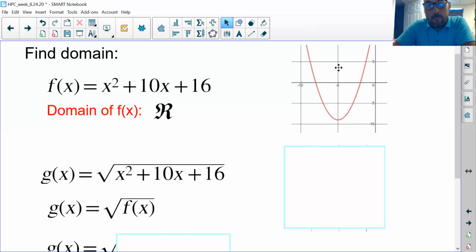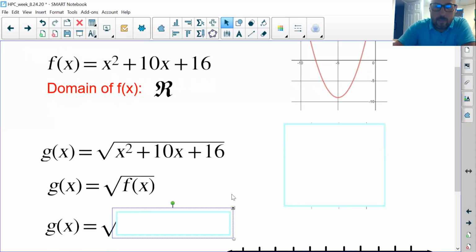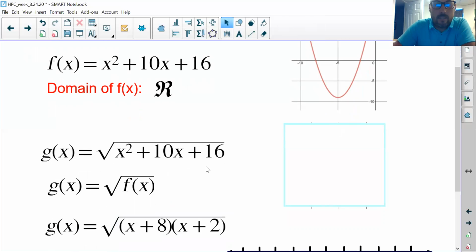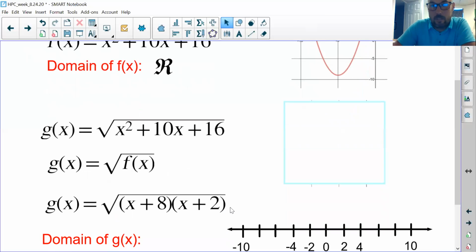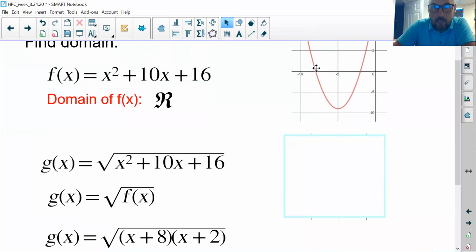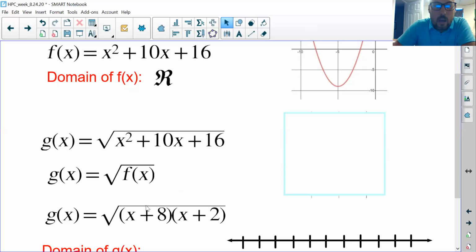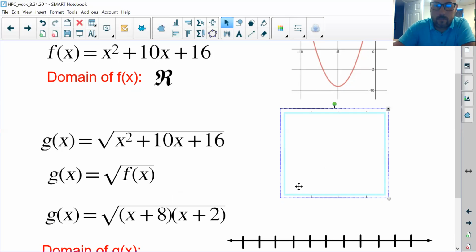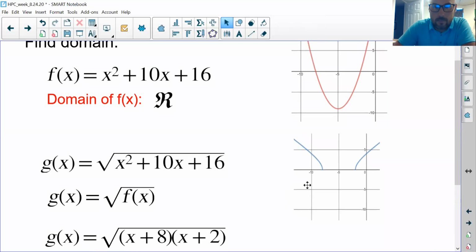Now, it's powerful to realize that you can actually imagine what this graph looks like just by knowing a little bit. Let me explain. x squared plus 10x plus 16 factors into x plus 8 times x plus 2. That means you know the zeros. The zeros are negative 8 and negative 2. Graph the parabola with zeros at negative 8 and negative 2, and now apply the square root, and it'll look something like this.